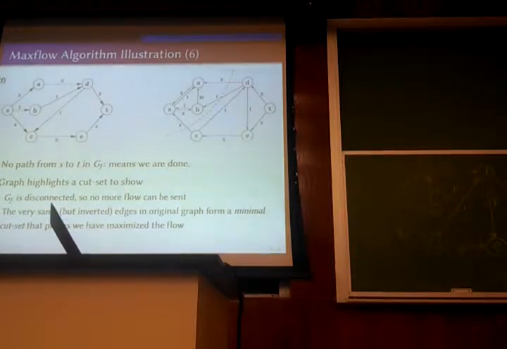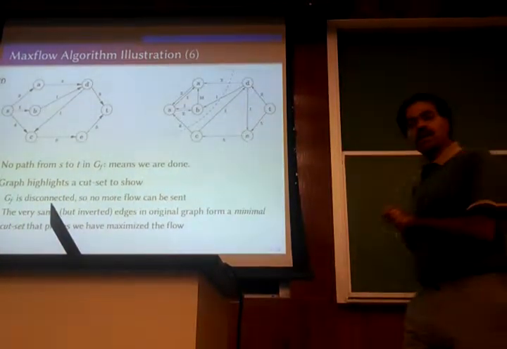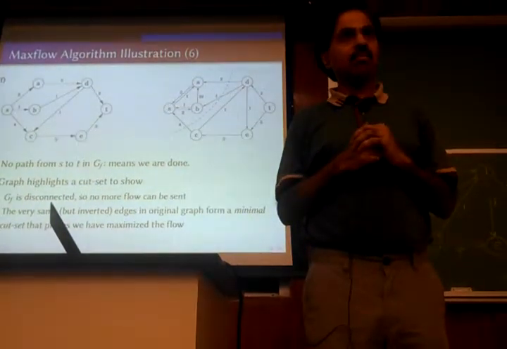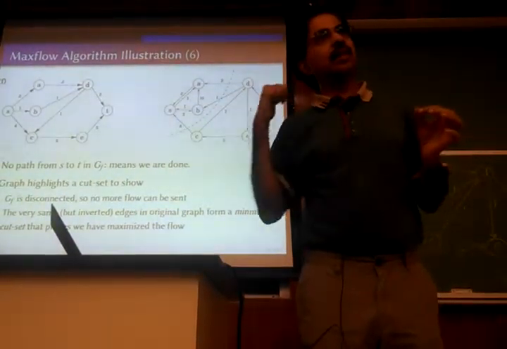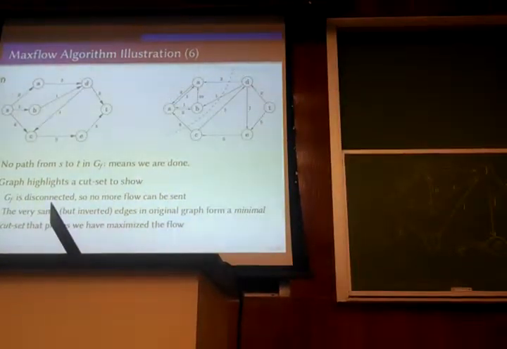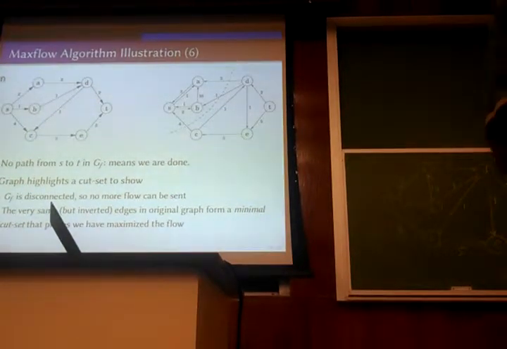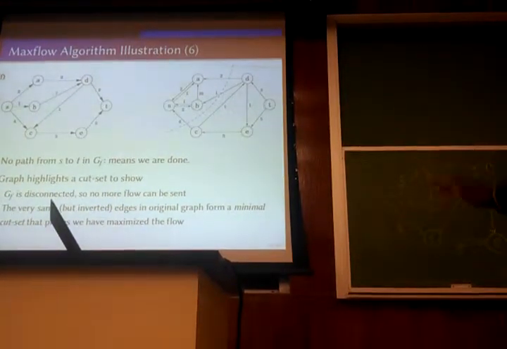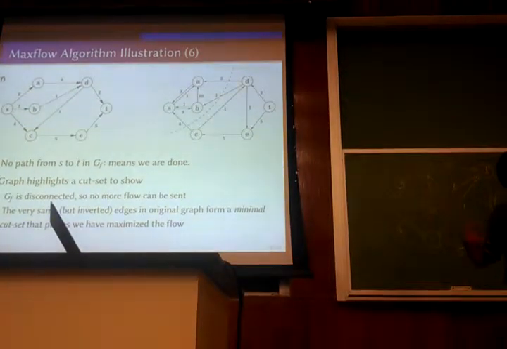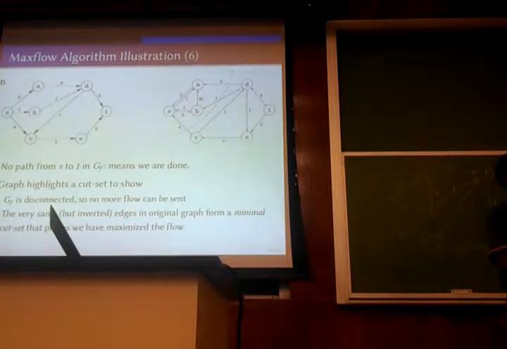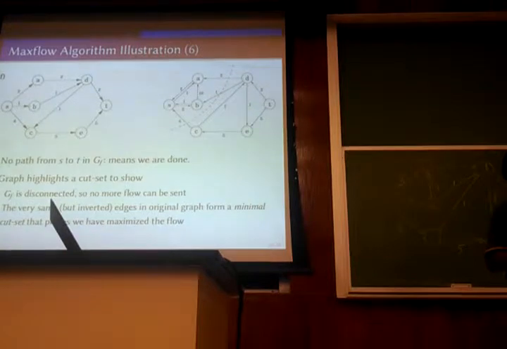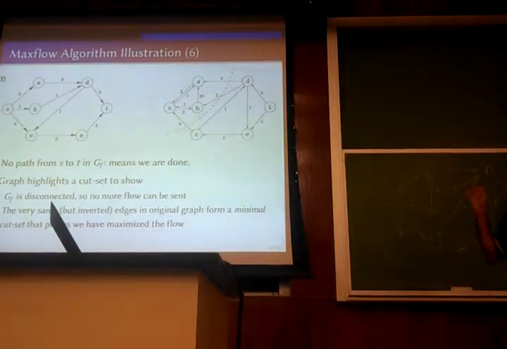So now, think about what happens in the residual graph when I'm using an edge at its capacity, right? If I'm using the edge at its capacity, in the residual graph the forward edge will not exist, and the backward edge will be exactly the same as the forward edge weight. So what's going to happen along this cut is that every edge I'm going to see is going to be going in the reverse direction, and there's nothing that's going forward.